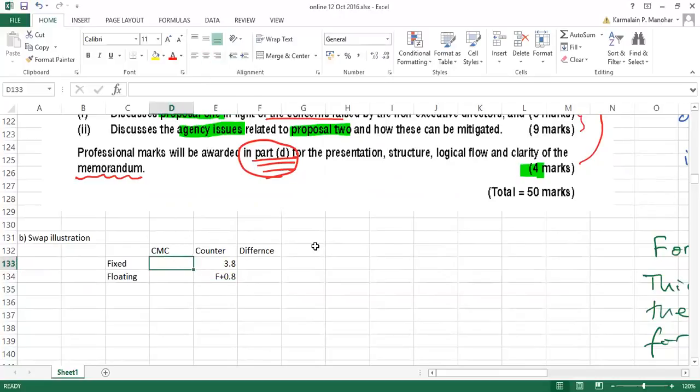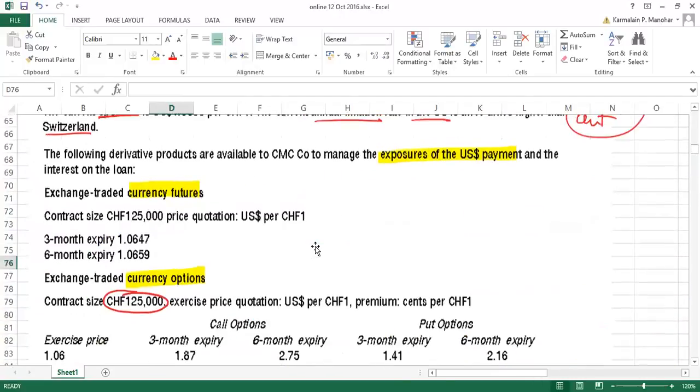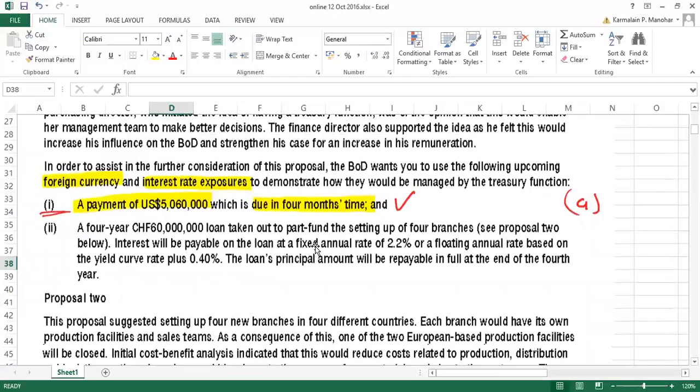So we just need to go up and find the information now for CMC, which was first mentioned right here. A 4-year CHF loan taken out to part fund 4 branches. From proposal 2, interest will be payable on the loan at a fixed annual rate of 2.2. So fixed is 2.2.